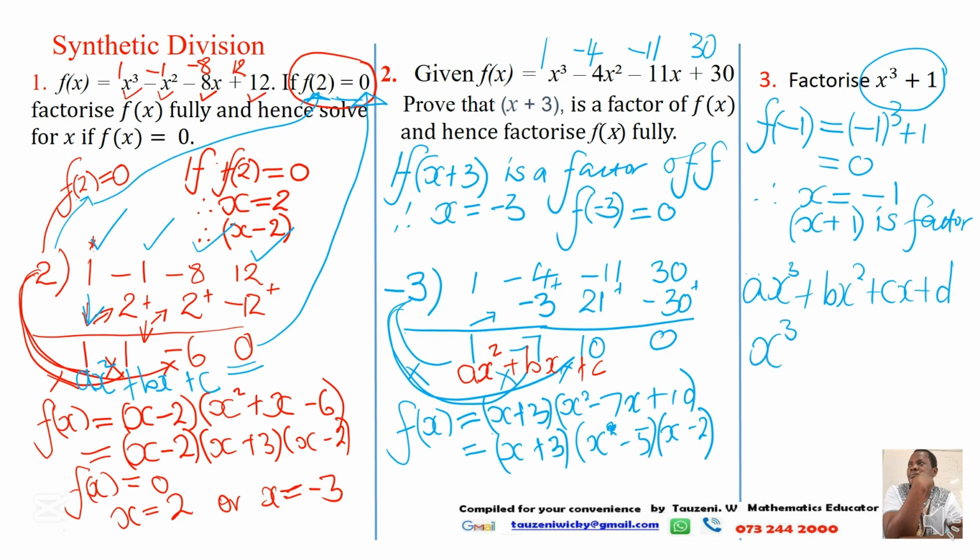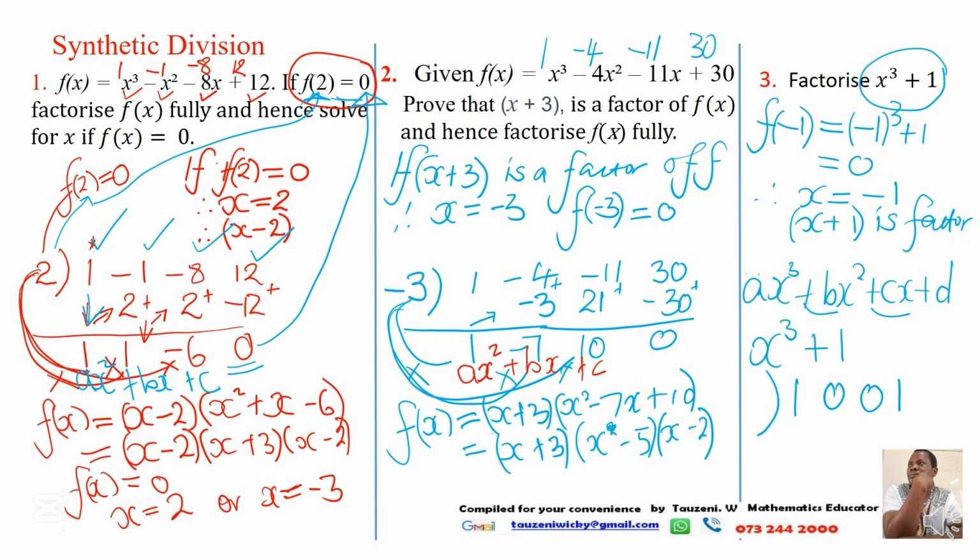Now, where we have got x cubed plus 1, and I want to put this in synthetic division, you will see that in place of b and c, you put 0. So the coefficients are going to be 1, 0, 0, and then 1.